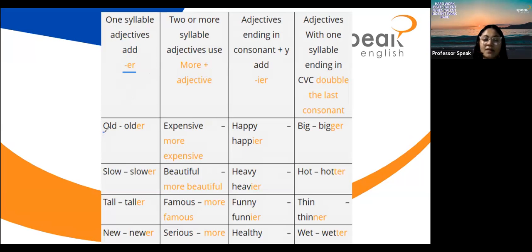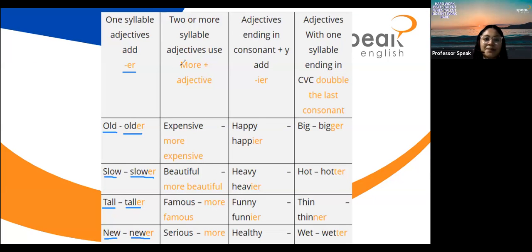Here I have a one syllable adjective. Old. Old becomes older. Slow, slower. Tall, taller. And new, newer. Okay, Brenda, I got you.